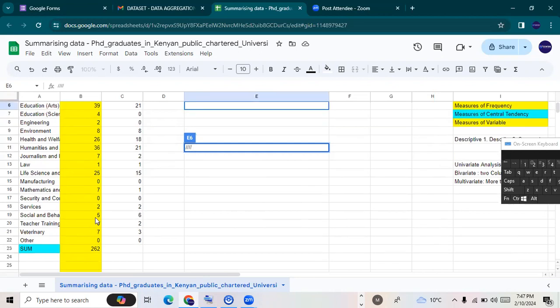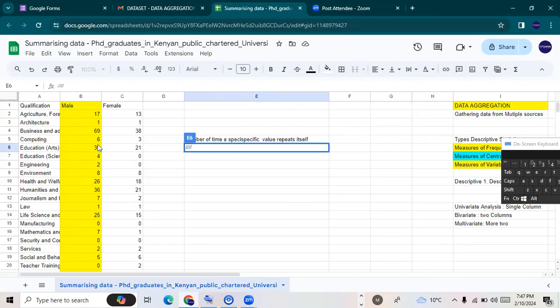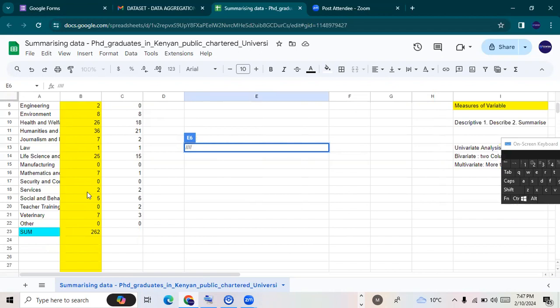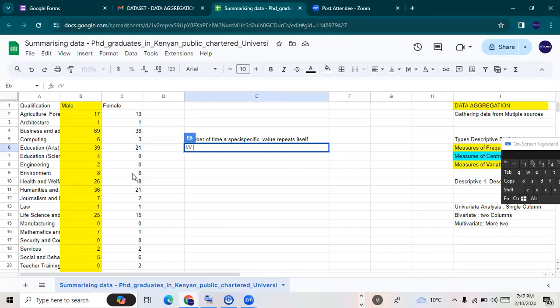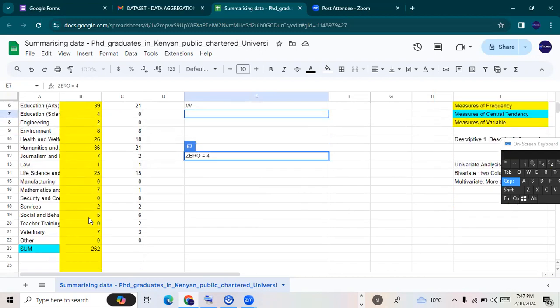I can see 2 here, 2 here, and just 2, and I can see 30, just 1. For 0, I can see 1, 2, 3, 4. So I think the zeros here are 4. If we are talking about measures of frequency and take this column, we are looking at the number of times the zeros can be counted, the total number of zeros, and it's 4 here.